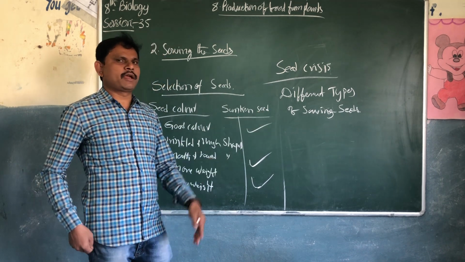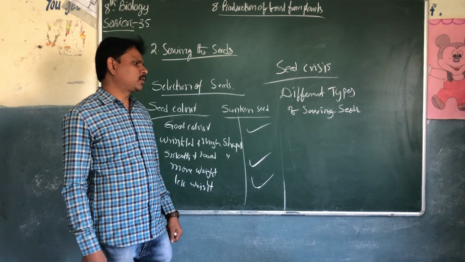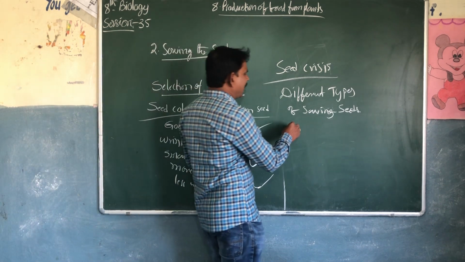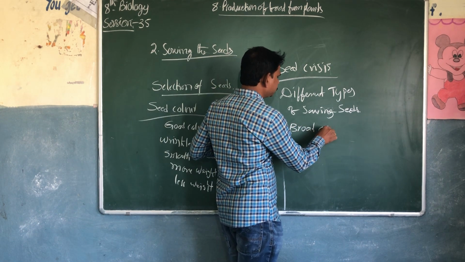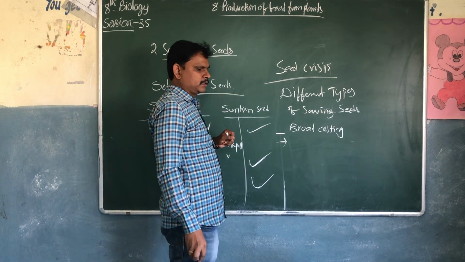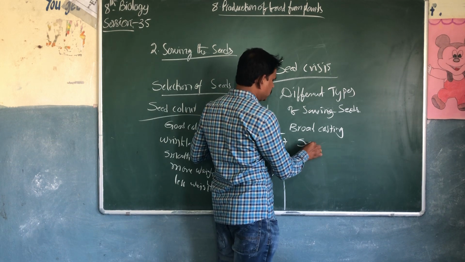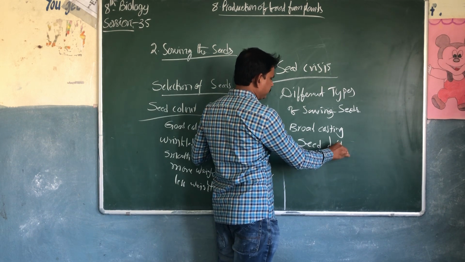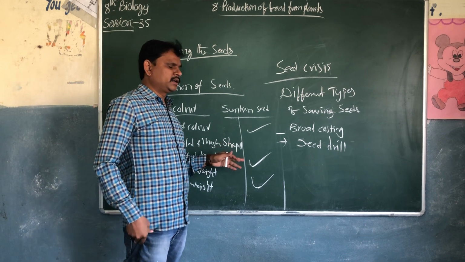Like in your textbook, they have given different types of sowing. The first one is broadcasting. Next one is seed drill. What is broadcasting and what is seed drill?